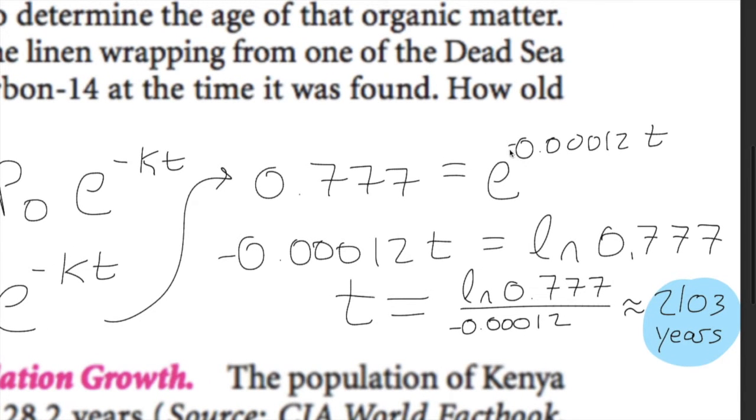And that's equal to negative, from the formula, because this negative indicates that it's decaying, not growing. This is the K value that we calculated, and the base is e. Finally, now we can rearrange this so that the exponent goes over here and the power goes over here, and it's a log. Dividing both sides by this, we get 2,103 years, which tells you how old the Dead Sea Scrolls were.